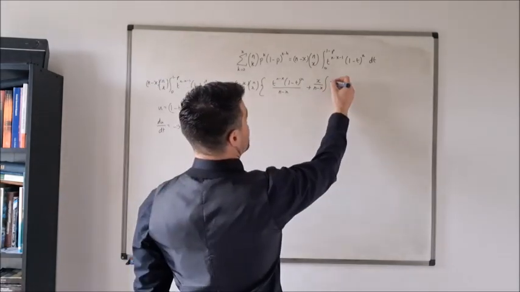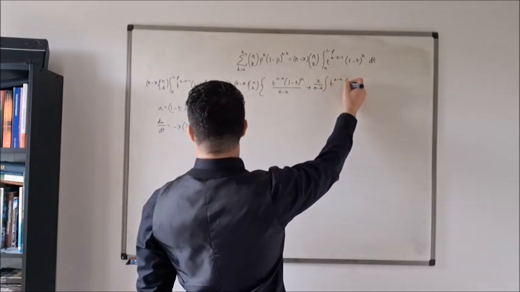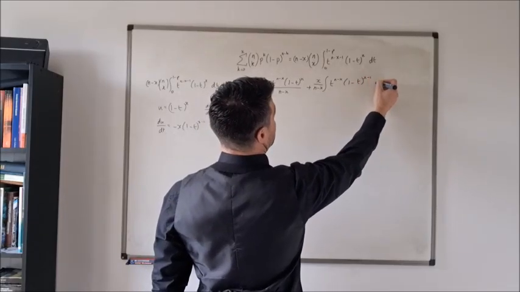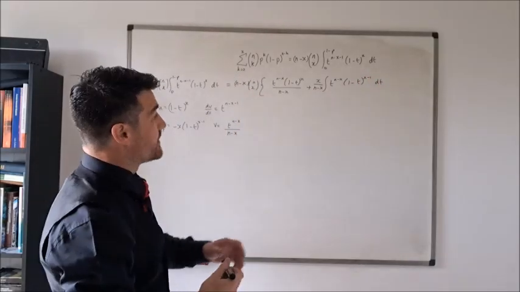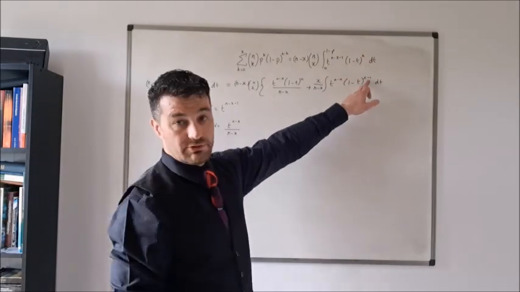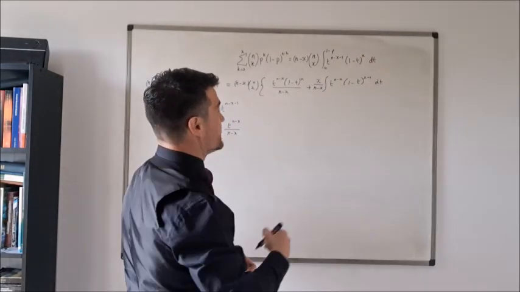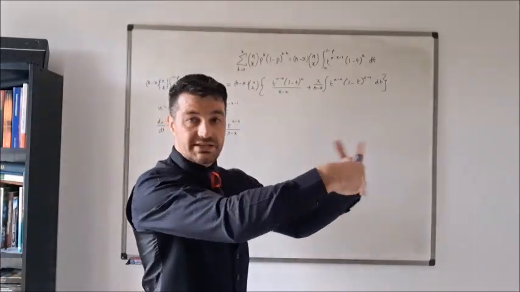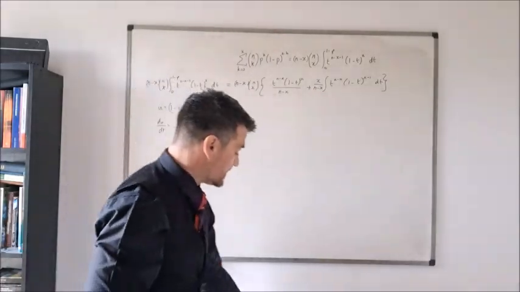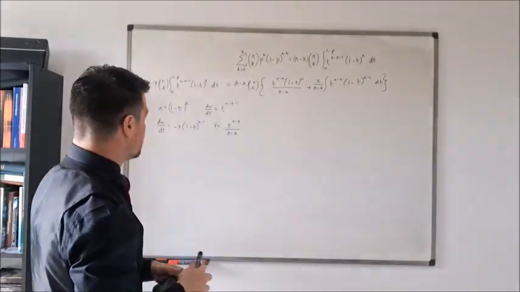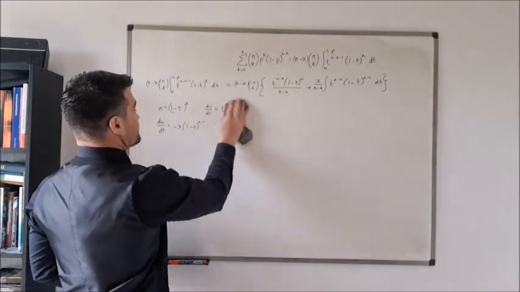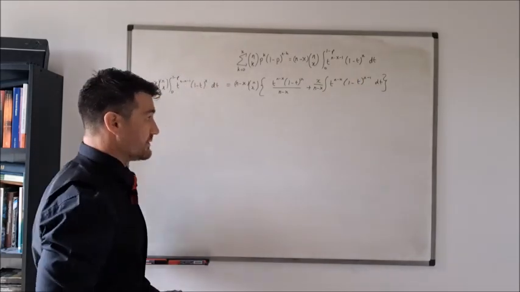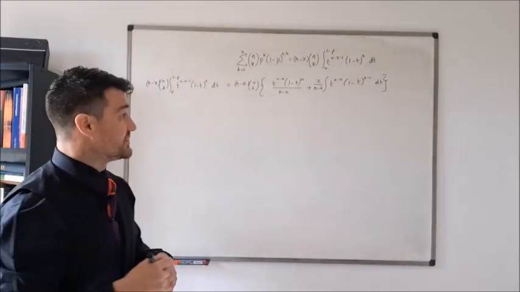What do I get? t to the power of n minus x, 1 minus t to the power of x minus 1. Okay, and this is really useful because this power has been brought down by 1 now. So what this suggests is that I can iterate this approach x times maybe. And eventually this power is going to end up at 0. And that's what I'm aiming to do now at this stage.